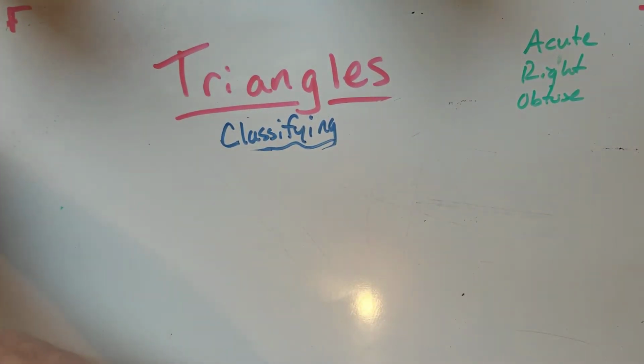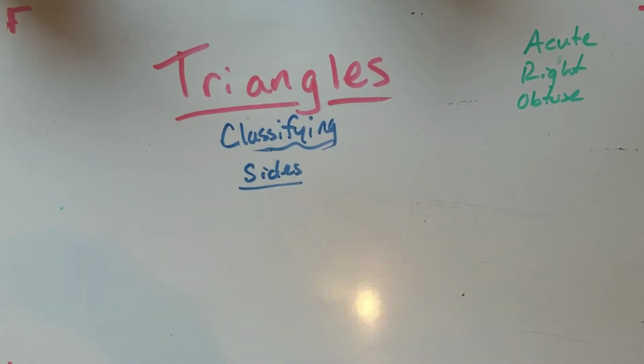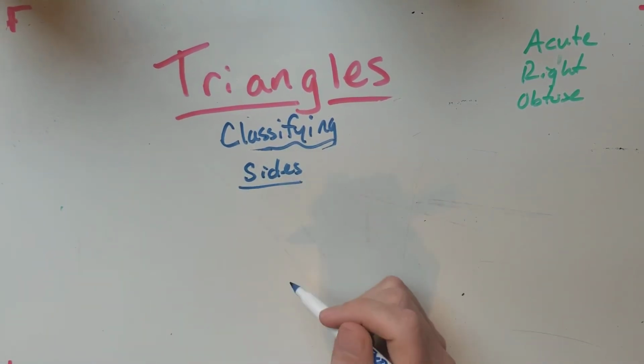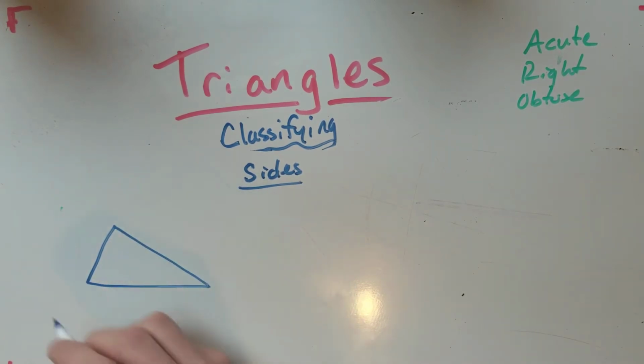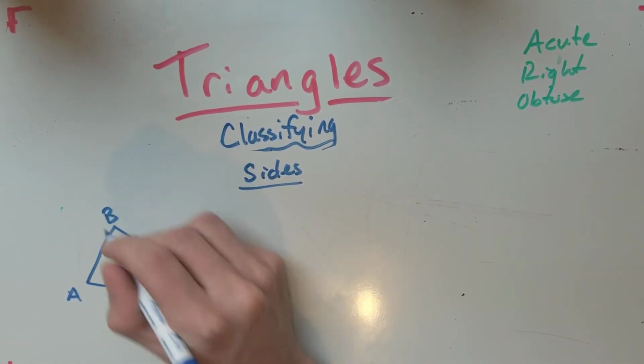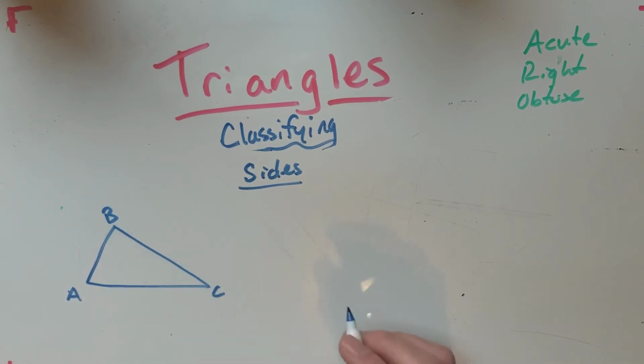Now let's talk about if we're thinking about and looking at the sides. And for the sides, we're actually also going to look at the angles as well, because sometimes the angles will tell you how to classify by the sides as well. So let's say we have a triangle ABC, and none of the sides are the same. They all have different measurements. Each side has a different length.